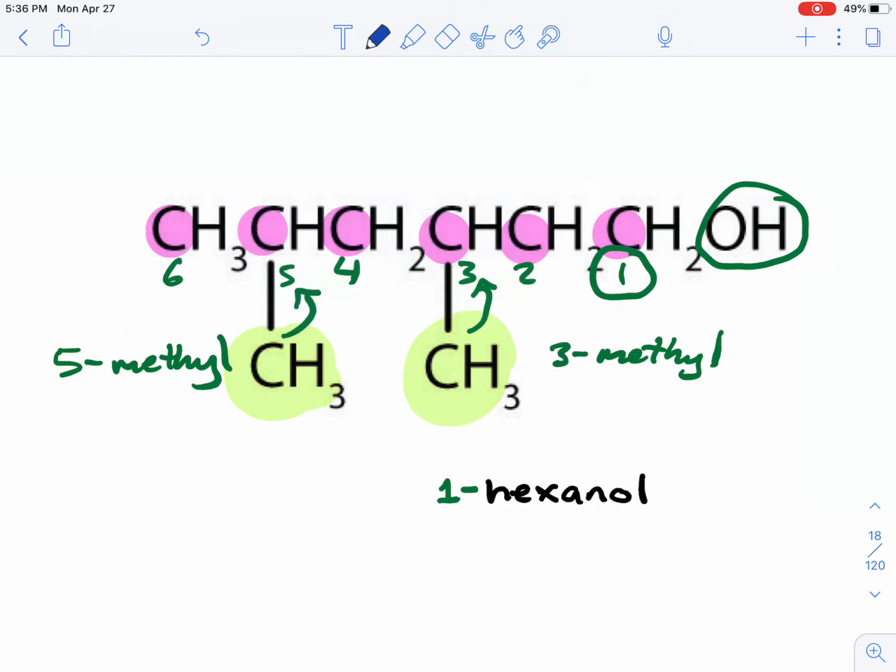And so I'm going to go ahead and write down 3,5-dimethyl-1-hexanol. Okay, and that would be the name of this organic compound. So make sure that you put a comma between your numbers and a dash between your number and your letter.